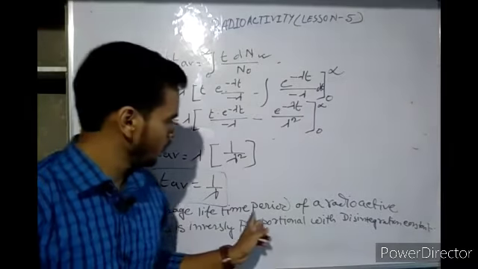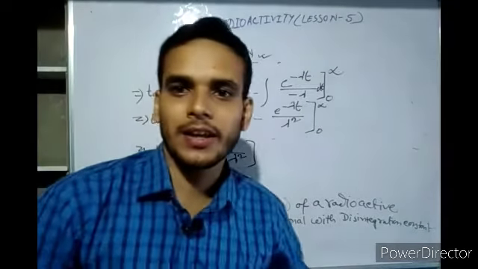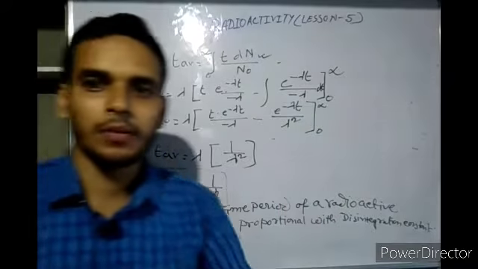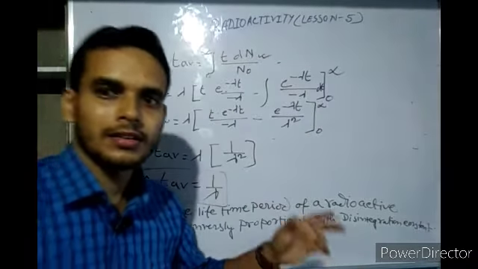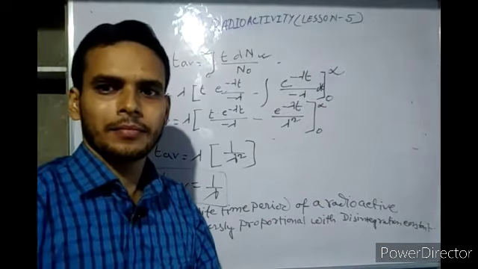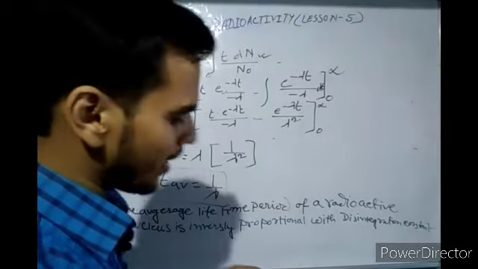Now we have calculated the average lifetime period and the half lifetime period. Now we come to the relation between the average lifetime period and the half lifetime period.